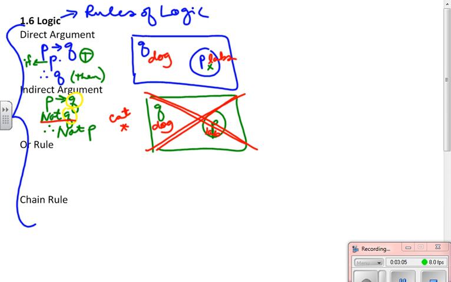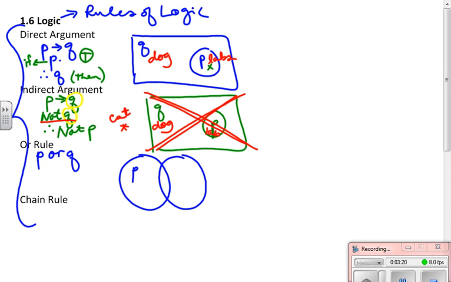So the OR rule also does something similar. Here I'm going to say P or Q. Now remember what this means. P could be true, Q could be true, or they both could be true. So that picture looks like this.